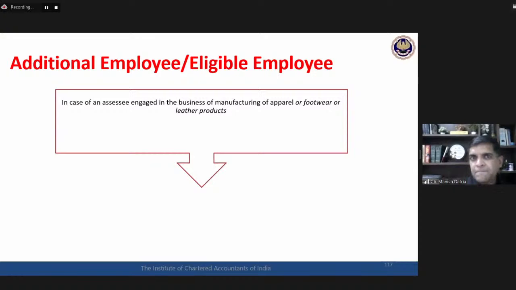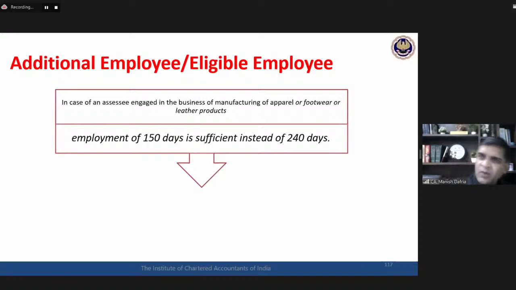One is, if the assessee is engaged in some specific businesses. What are these specific businesses? Manufacturing of apparel, footwear, or leather products. If he is engaged in the business of manufacturing apparel, footwear, or leather products, instead of 240 days, 150 days is sufficient.